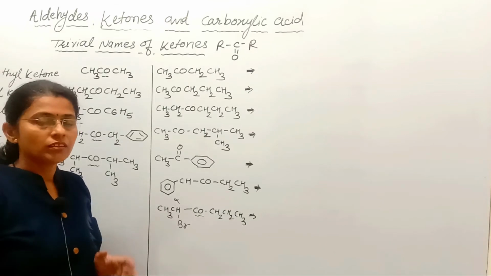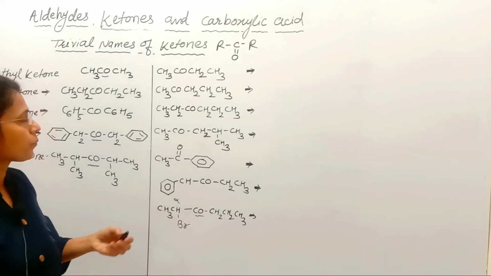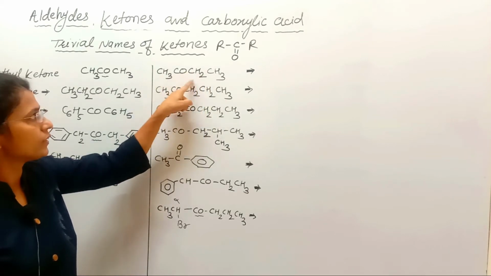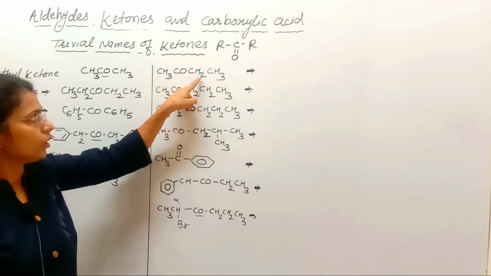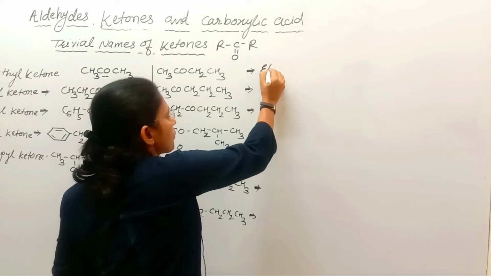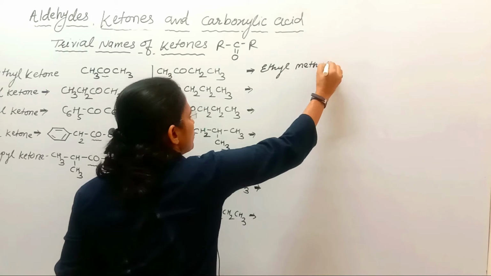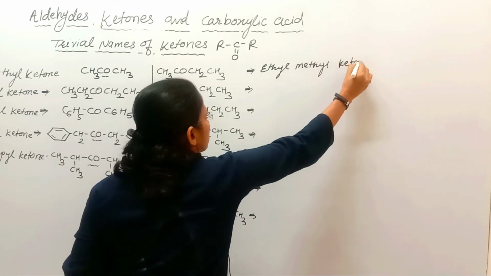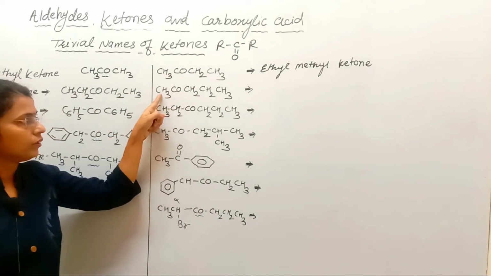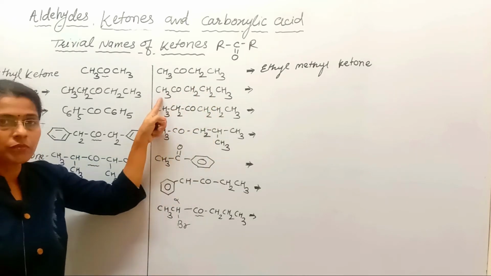Now let's write the names of these compounds which are mixed ketones. See here, methyl and ethyl groups on two sides of your ketonic group. Follow the alphabetical order. E comes first, so its name is ethyl methyl ketone. Secondly, methyl, and this is N-propyl. Alphabetically M comes first.